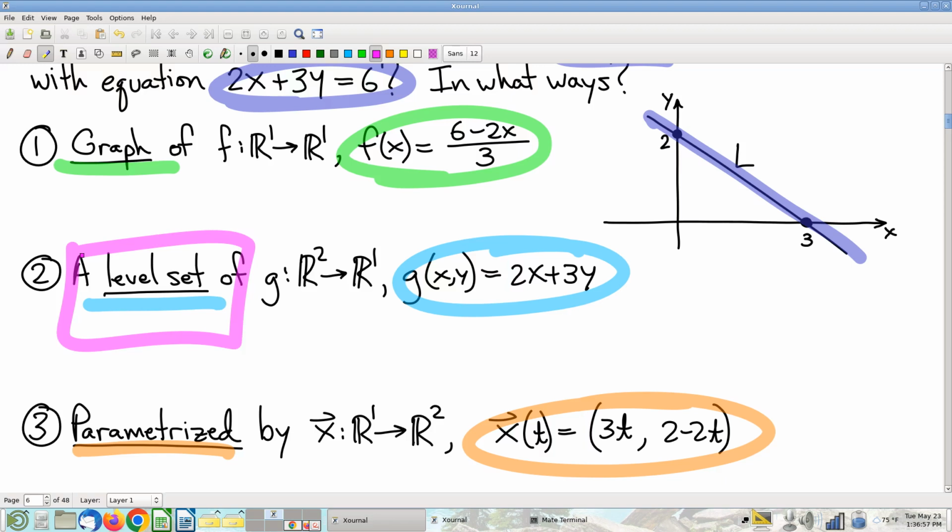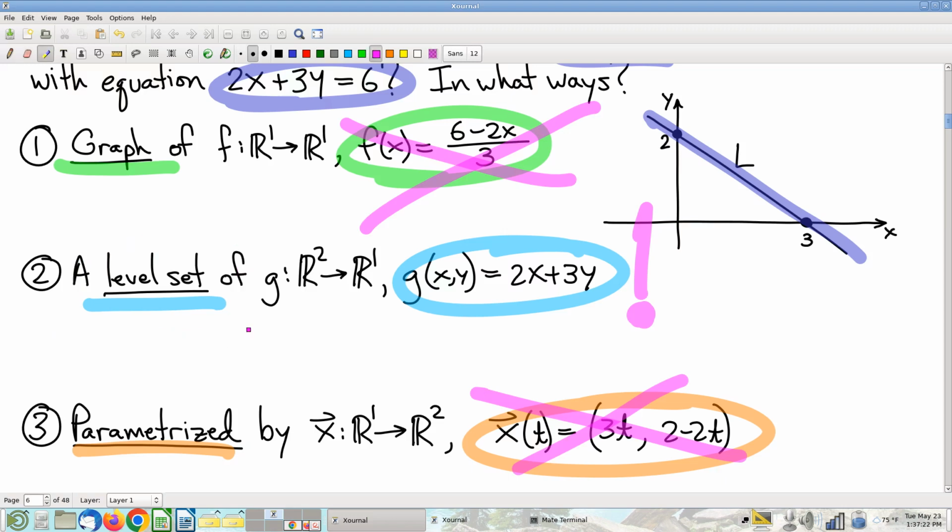And if that's what you want to know about this line, well, you'd better be looking at and doing the calculus of this function if you're going to make an interpretation of the calculus of level sets. And not that one, and not that one. Everybody see what I mean? So it's critical that we distinguish between the calculus of level sets, the calculus of graphs, and the calculus of parameterizations. They are all geometrically different.